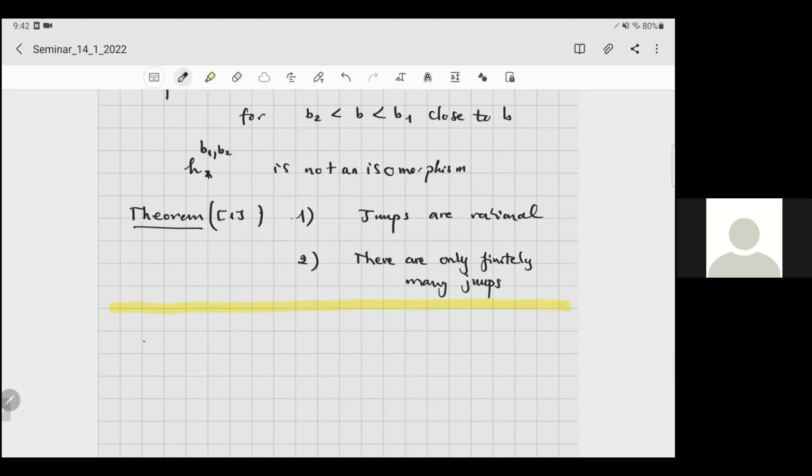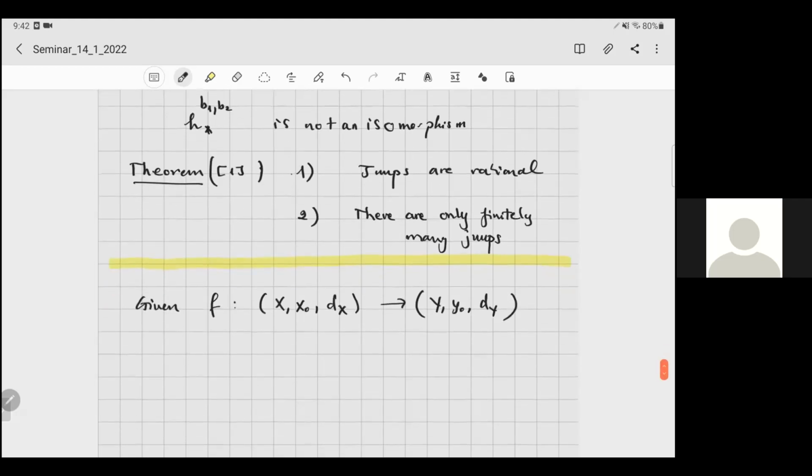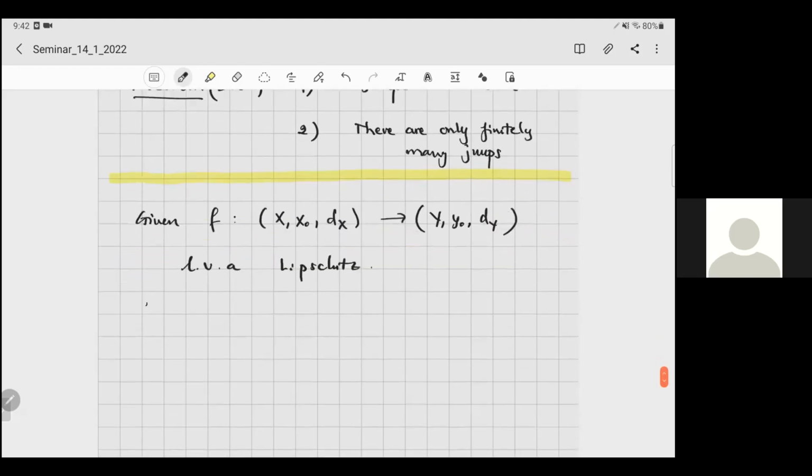Given f between two metric terms, x0 dx going to y0 dy, which is Lipschitz, it induces a map from the corresponding complex of x0 dx to the complex of y0 dy.